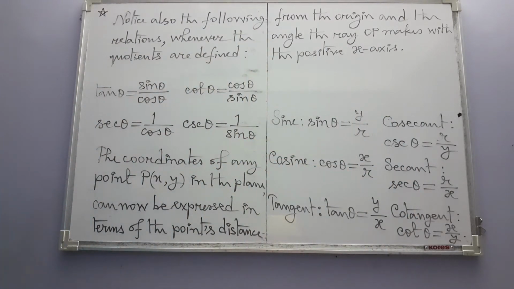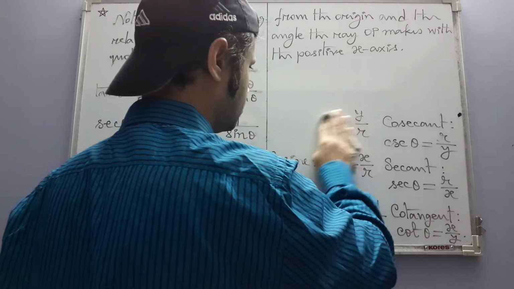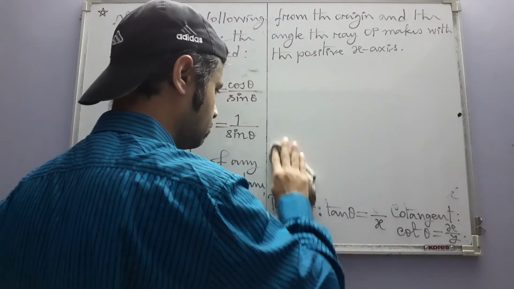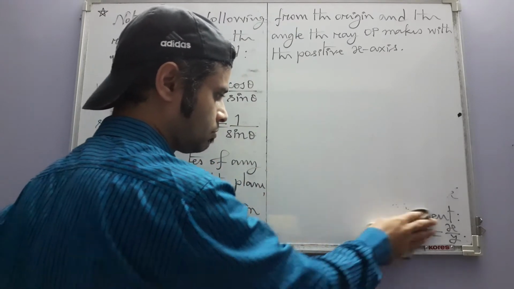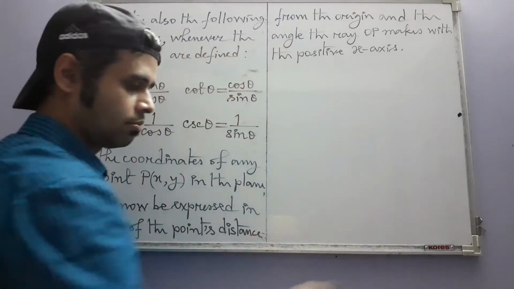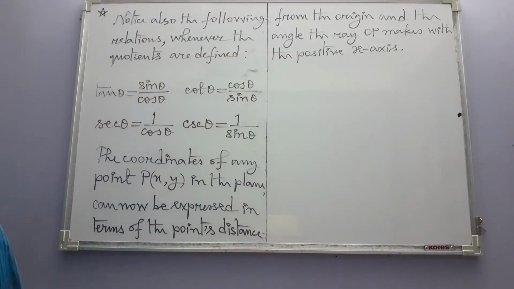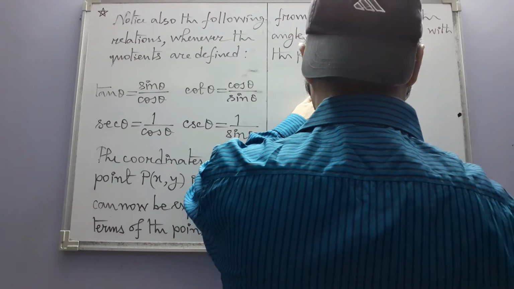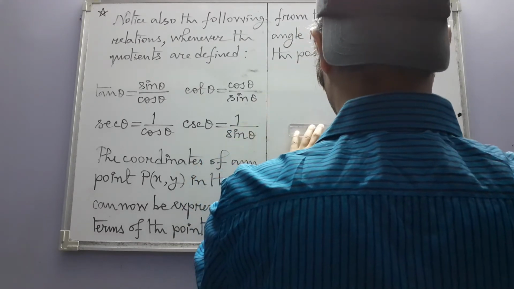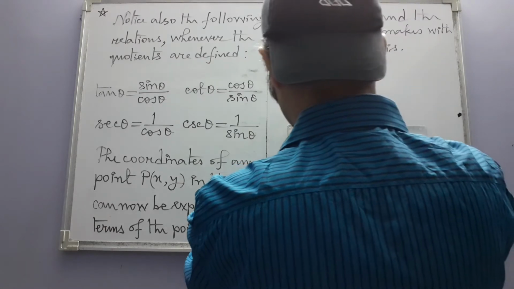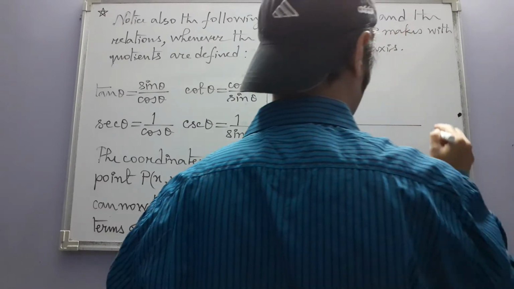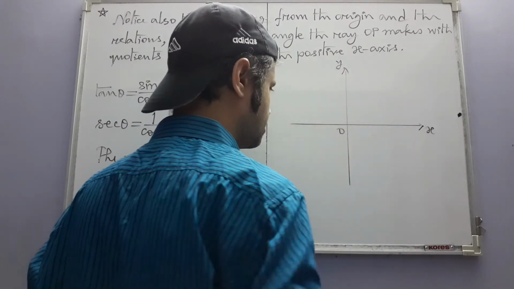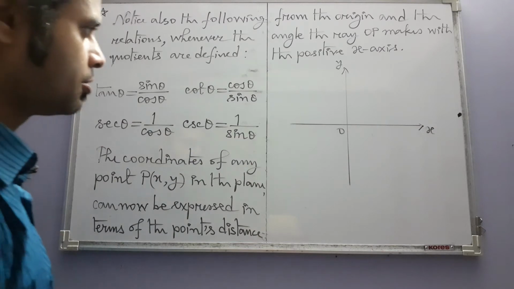So we again draw a figure for this one. Now the situation is this: you have your coordinate system, so this is your positive direction of x-axis, this is your positive direction of y-axis, this is the origin, and these are the axes mutually perpendicular.